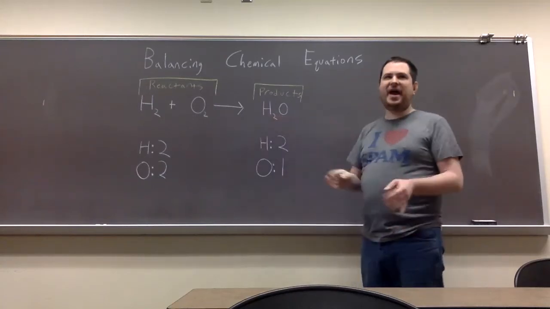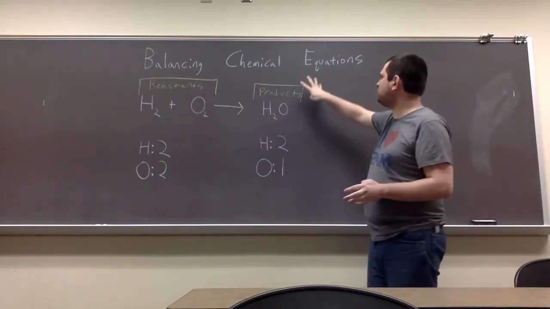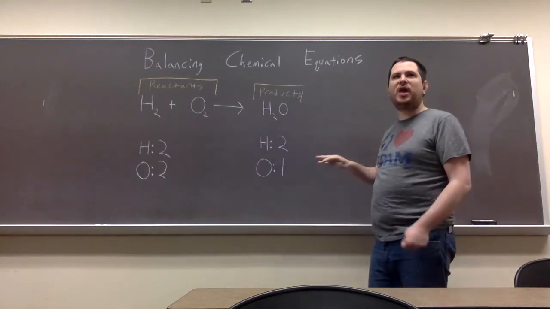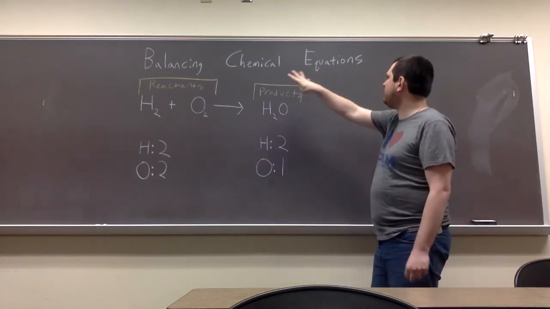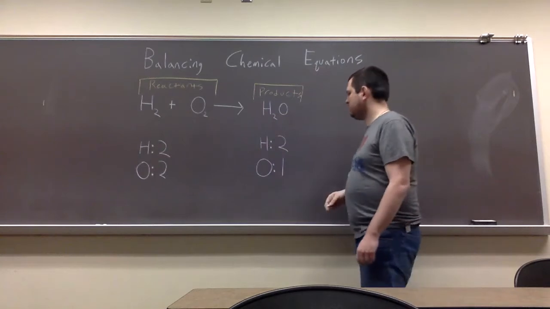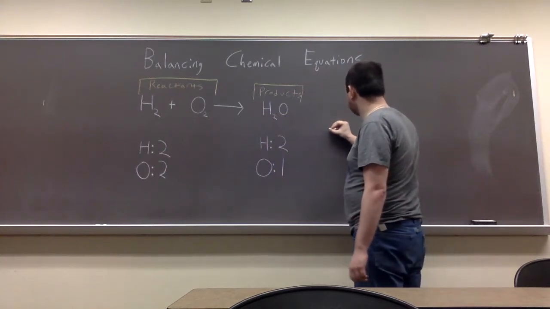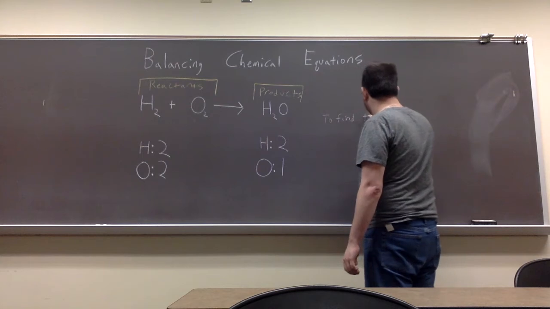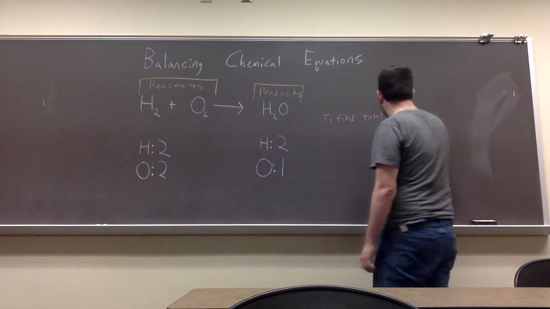One thing that I left out of the previous video, because it's most important here, is to tell how many total atoms exist in the entire equation. You multiply to find total atoms.